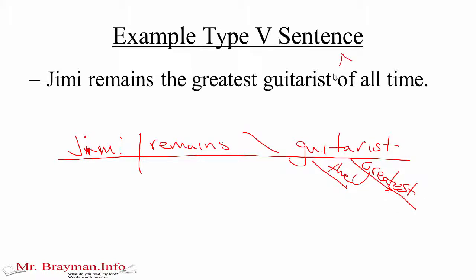And so what is of all time doing here? This is a prepositional phrase. Is it modifying remains or guitarist? It's modifying guitarist, right? It's showing he's the best of all time. He's the greatest of all time, and that is a true statement.